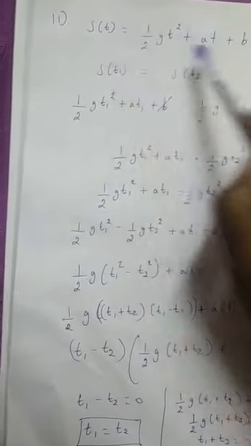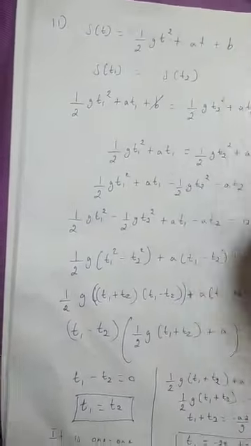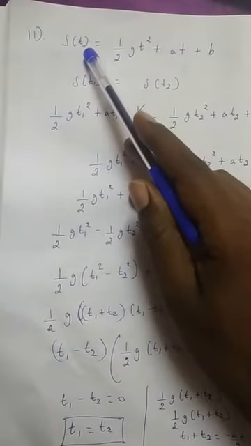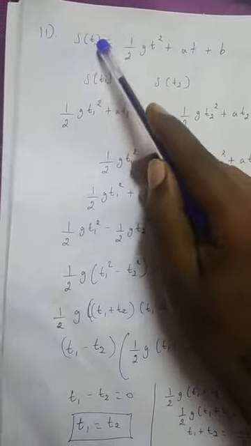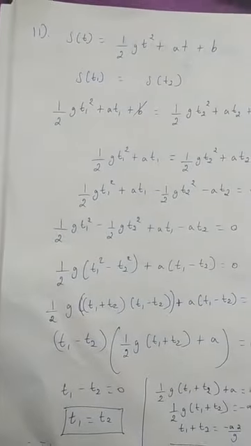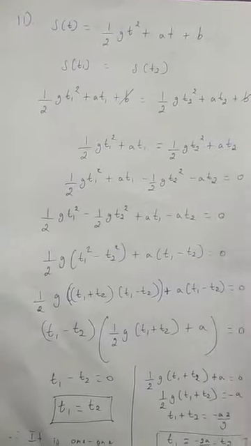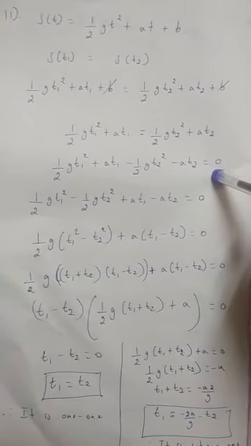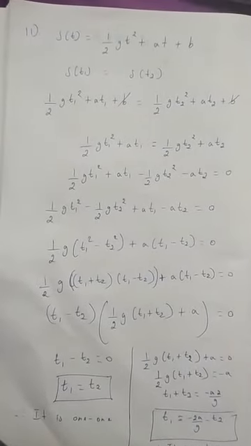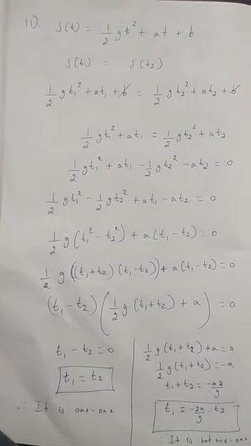Same way, if you substitute 2, we will get another value, and 3, another value. So for every element we substitute here, we get different images. Therefore it is a one-to-one function. That is also a method to solve this question, but this is the normal method, right? That's all about the problem. Thank you.